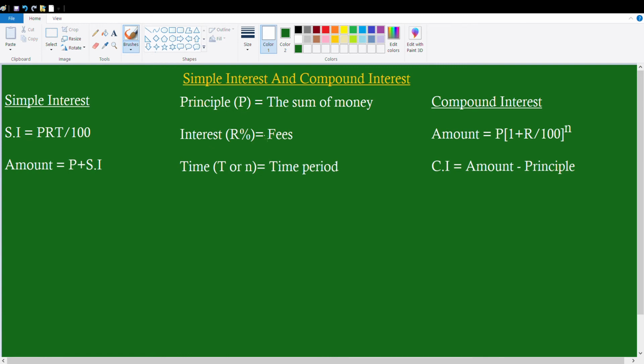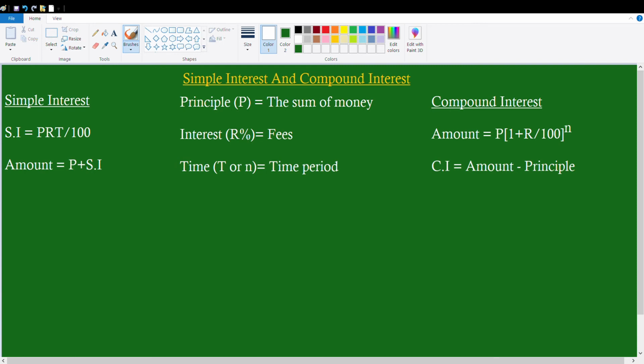Interest is the fee for the principal. Why is it called fee? Because we are going to use someone's money, so we have to pay a fee for that. So, here interest is the fee for the principal, which is expressed in percentage.